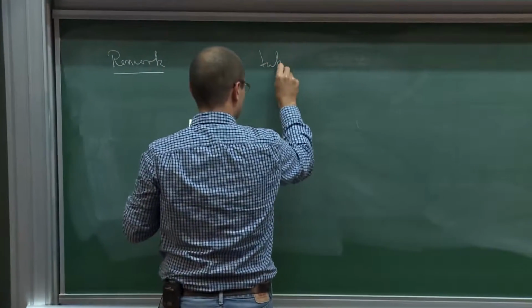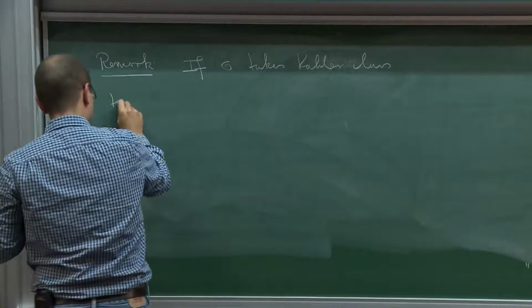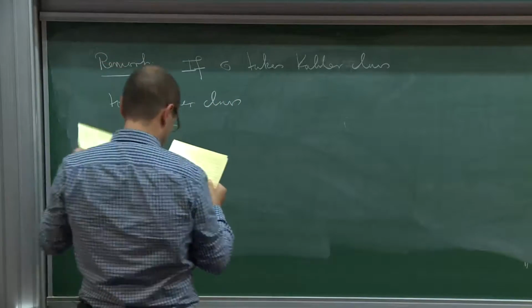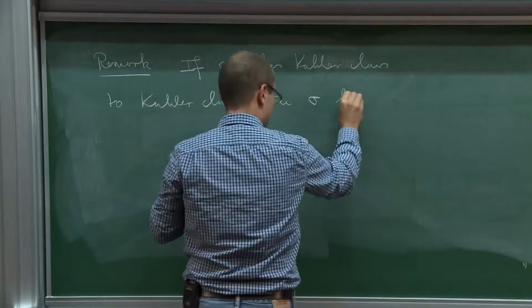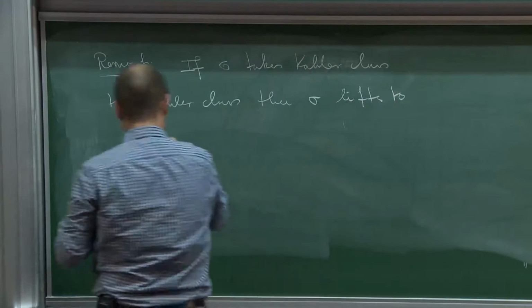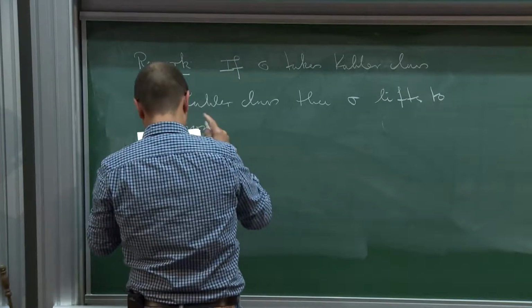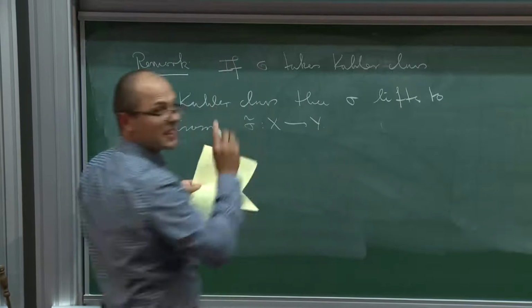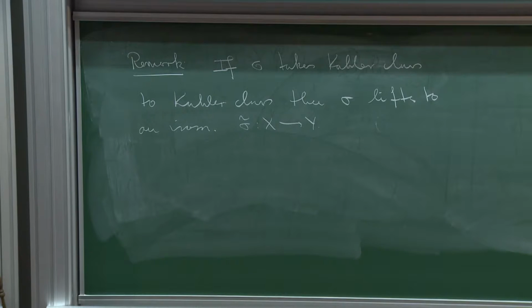If sigma takes a Kähler class to a Kähler class, then sigma lifts to an isomorphism, let me put it sigma tilde, X to Y. This is what you were asking, I think. And also the lifting is unique.